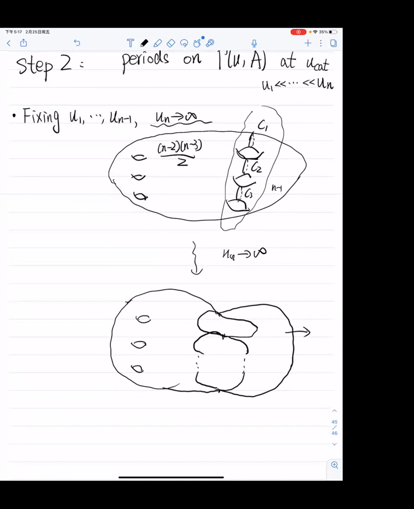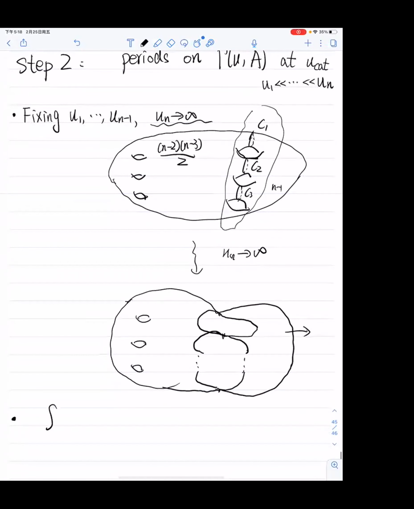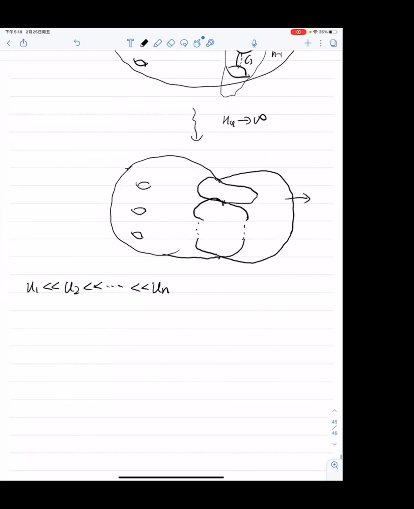So this is some observation, and in the meanwhile, it's sort of easy to compute the periods over this vanishing cycle. Before that, let me also say, we can iterate this step, right? We can then let U_2 go to infinity and so on. Eventually, what we get is unpunctured disks attached to each other.